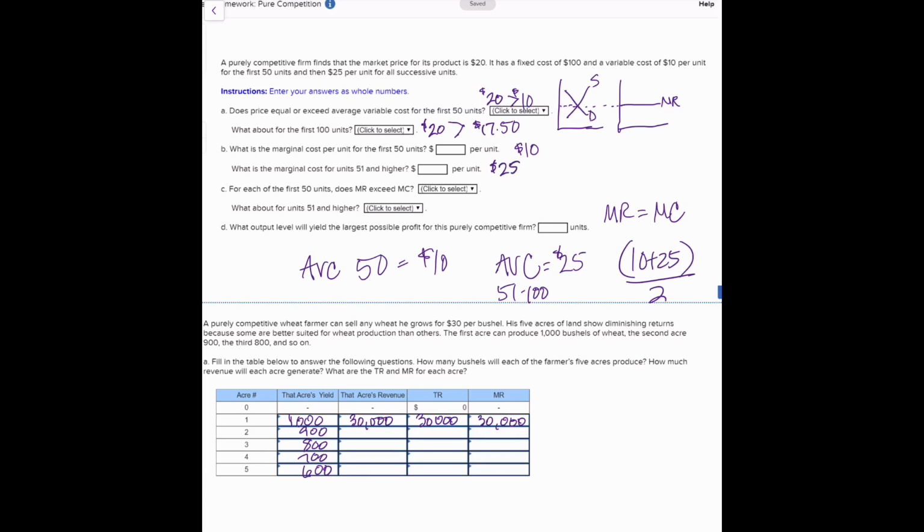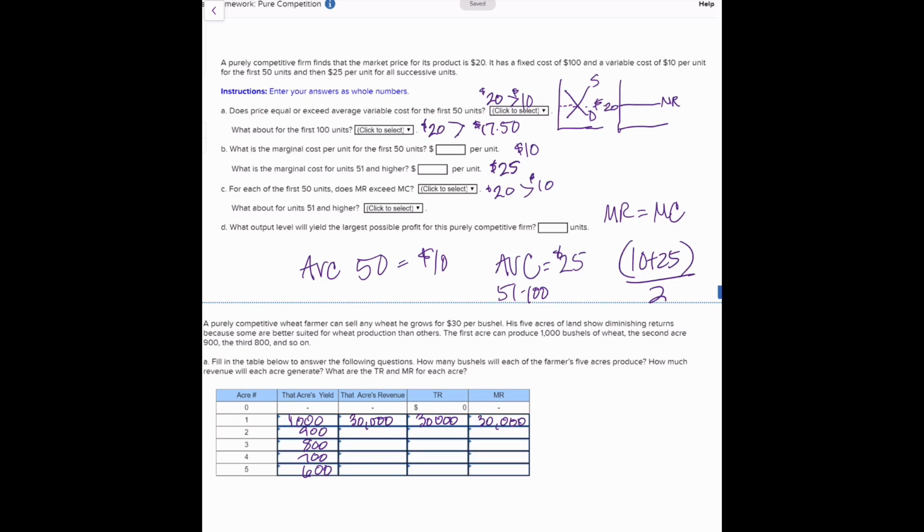For each of the first 50 units, does marginal revenue exceed marginal cost? Well, marginal revenue, as we said, is the price that the firm takes from the market. So our marginal revenue here is $20. For the first 50 units, $20 exceeds that marginal cost of $10.